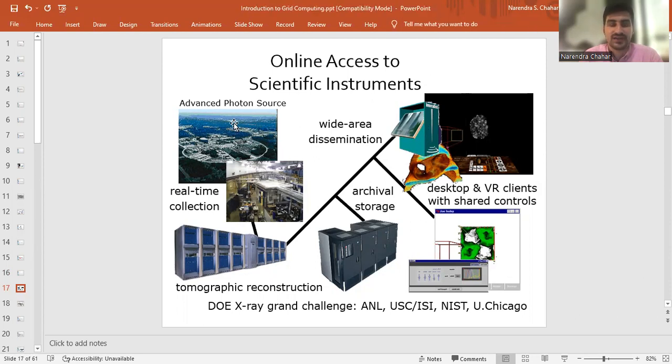These are the access points. At the endpoint, a user controls it from the software and desktop or VR clients with shared controls. They can view or manage the tasks assigned to them, or the resources that can be met.